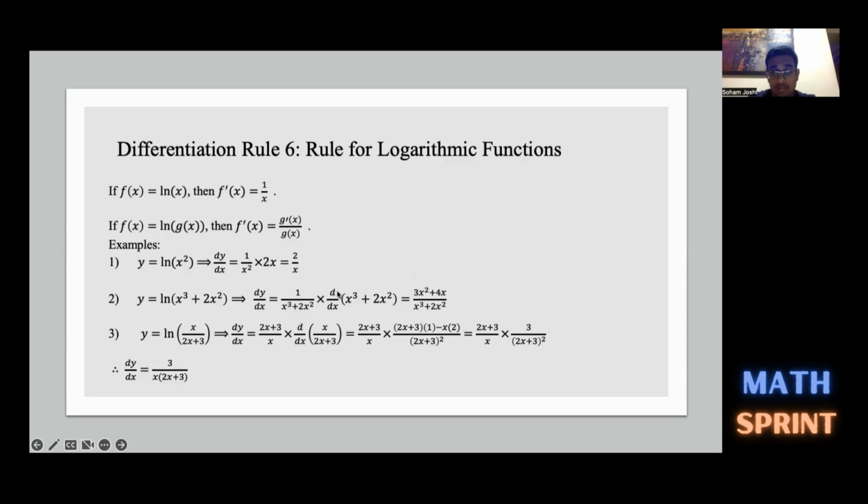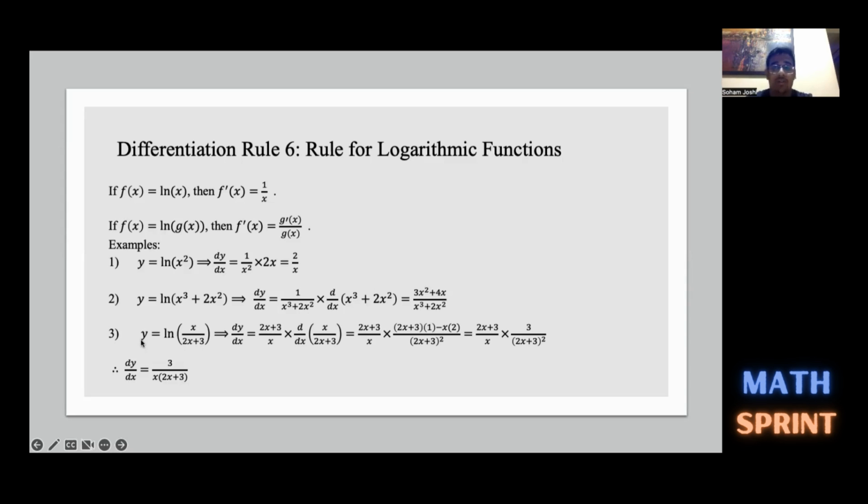The derivative of x cubed plus 2x squared is equal to 3x squared plus 4x, so dy by dx is equal to 3x squared plus 4x, the whole thing divided by x cubed plus 2x squared. Actually, you can cancel out the x from the numerator and denominator if you want to simplify it further, but either way, the answer is still the same.